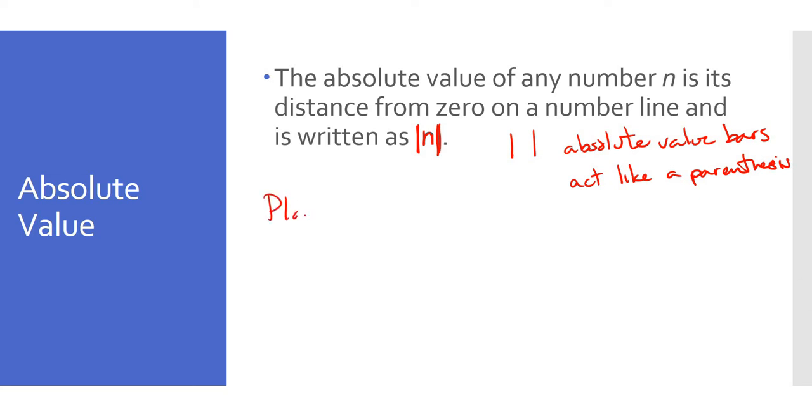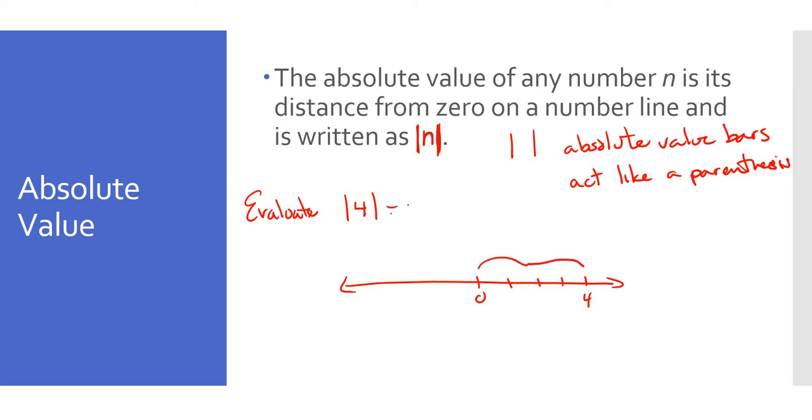So if I want to plot the absolute value of 4, that means I'm looking for how far 4 is from the origin. So I shouldn't say plot, if I want to evaluate. Sorry about that. So if I want to evaluate the absolute value of 4, I'm looking for the distance.